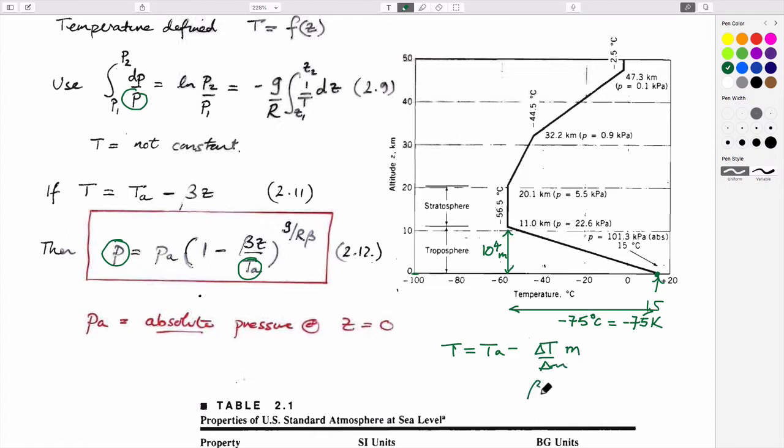So this beta term must be that differential, delta T over delta M, which is going to be equal to minus 75 divided by 10,000, which I think is 0.0075, right? An extra 0 maybe. The units have to be in Kelvin per meter, K per meter, degrees centigrade per meter.